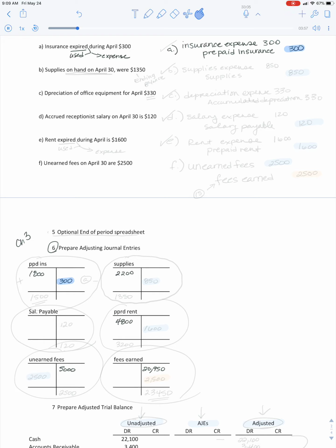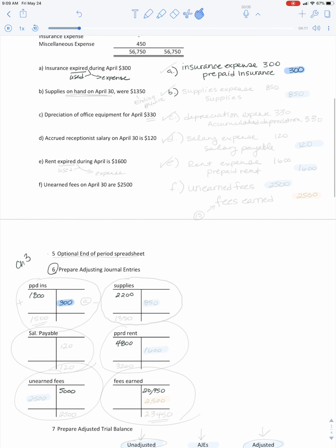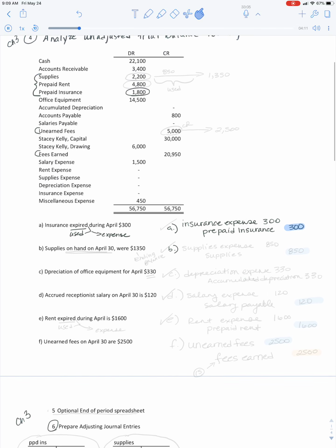Okay, so for B, supplies on hand at April 30 were $1,350. Okay, so let's look and see how much is in our supplies account. Our supplies account has $2,200 in it.